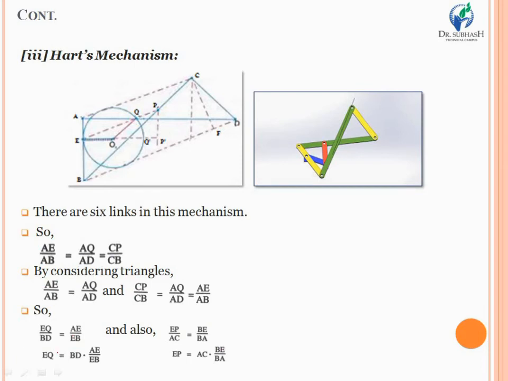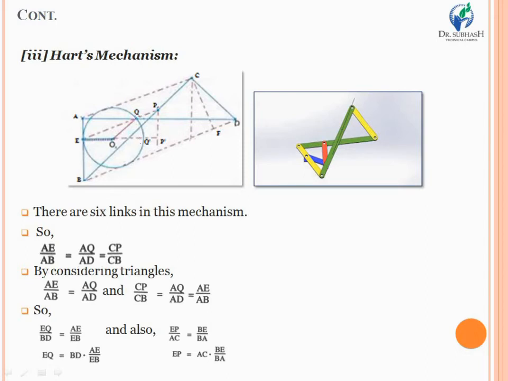Now you just have to draw a circle of radius OQ with center O, and this circle will intersect the link OA at Q dash. Now join Q and Q dash.